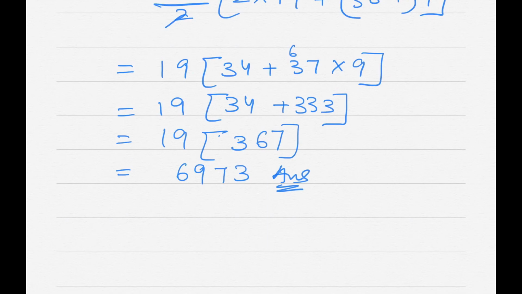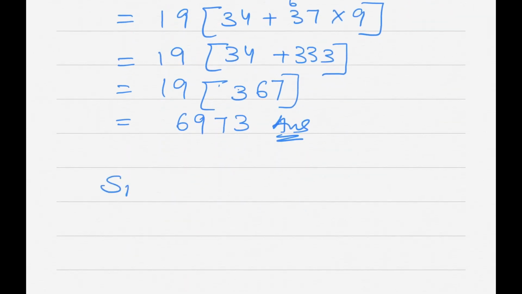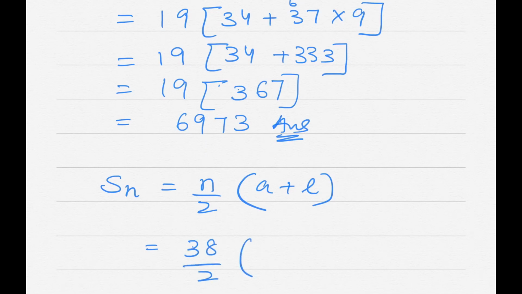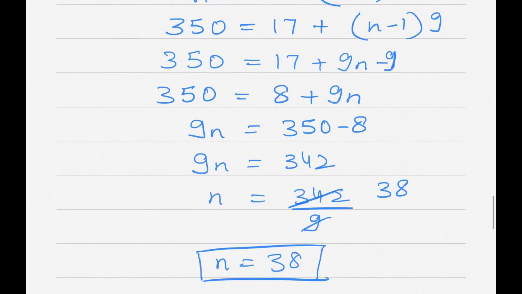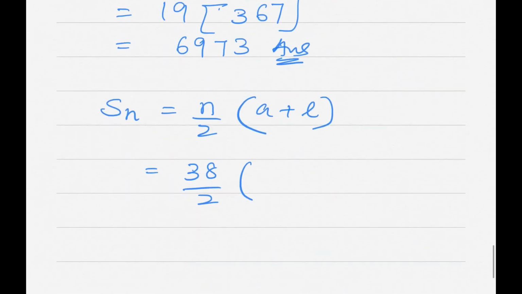Or I could use another formula. So I could use Sn is equal to n by 2 into a plus L, because first and last term are given, so we can do that way also. So this will be again 38 by 2 and my first term a is given and last term is given. So 17 plus 350 I could do directly.